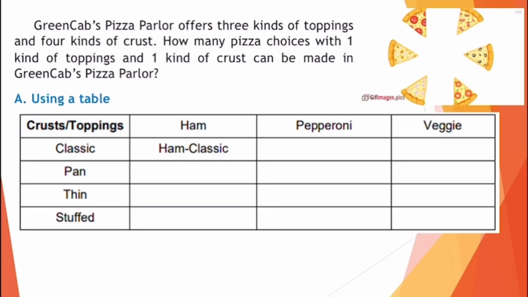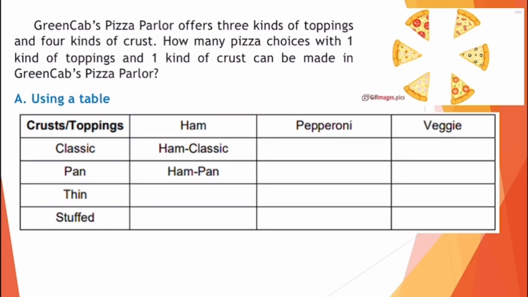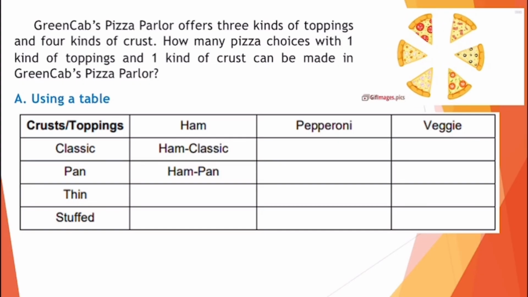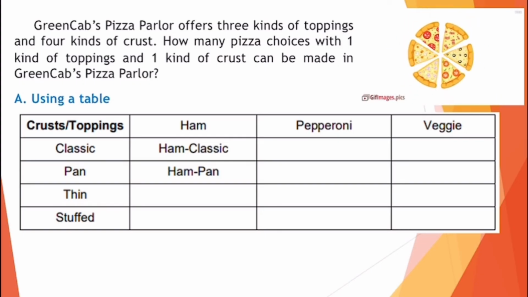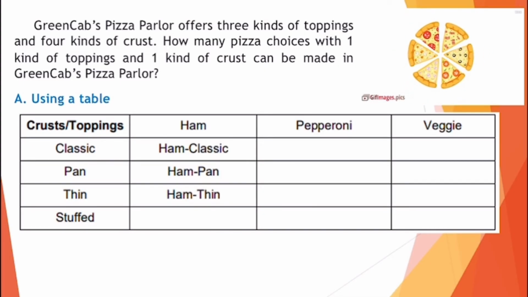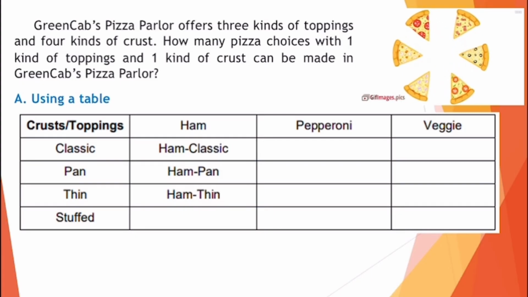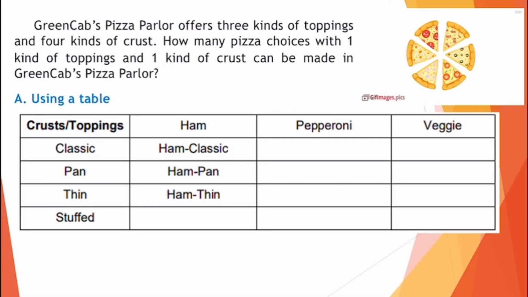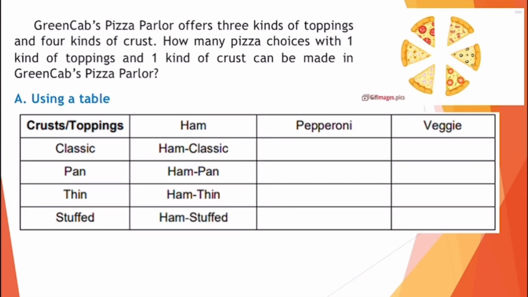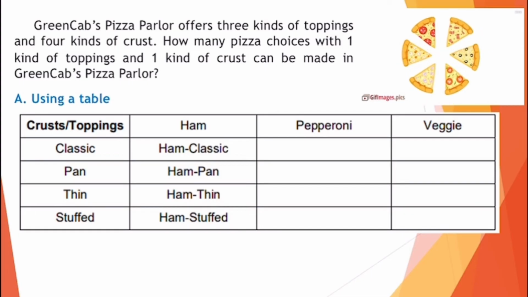Next, if we have pan crust and our topping is ham, we will have ham pan. If we have thin crust and our topping is ham, we will have ham and thin. Next, if our crust is stuffed and our topping is ham, we will have ham and stuffed. We already completed our first column.